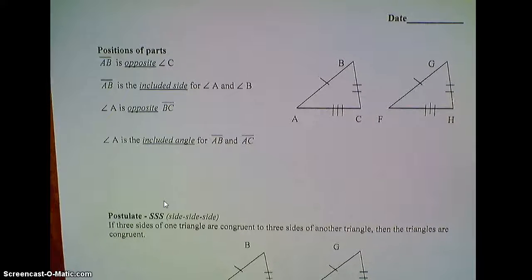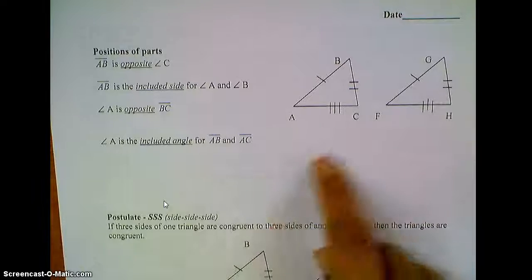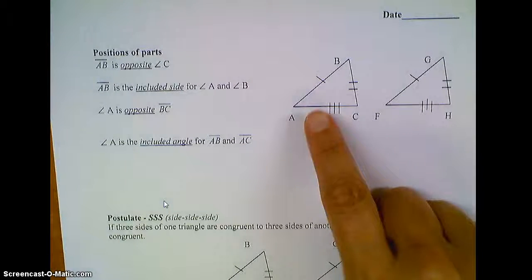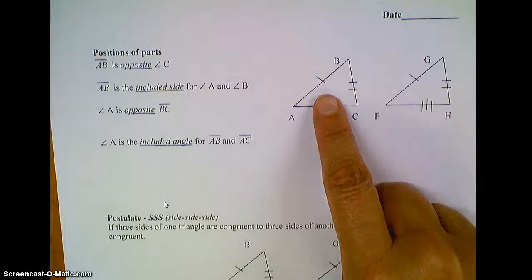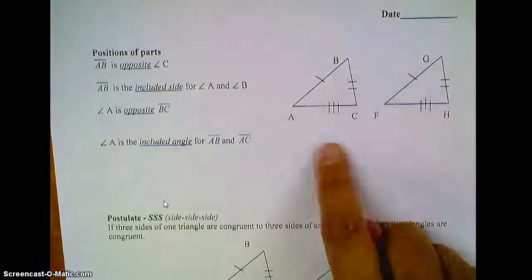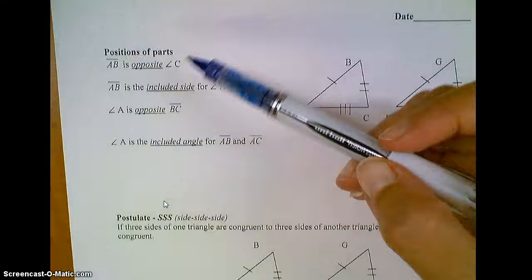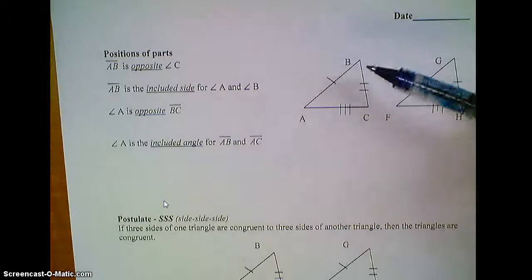On page 3, we have two triangles that have been marked with the corresponding sides congruent, and we've also got some vocabulary about positions of the different parts.